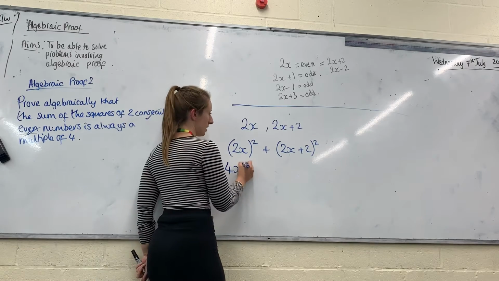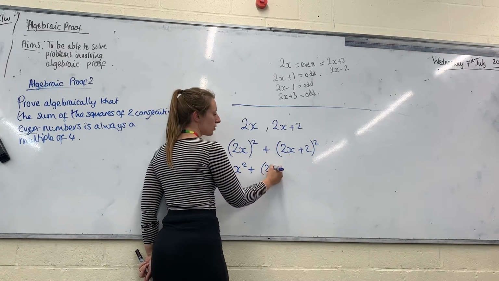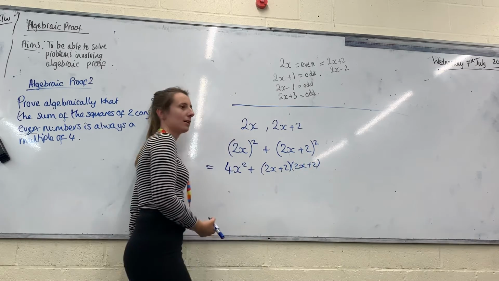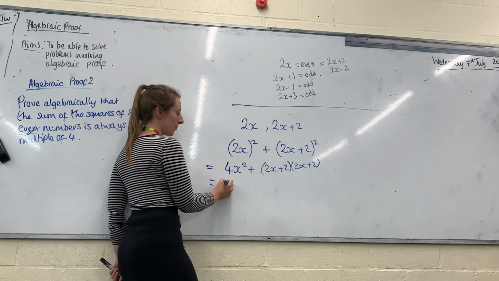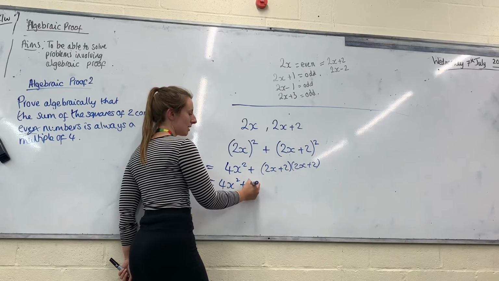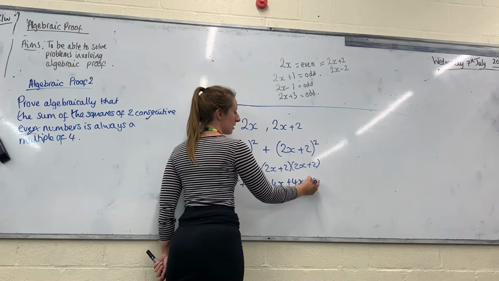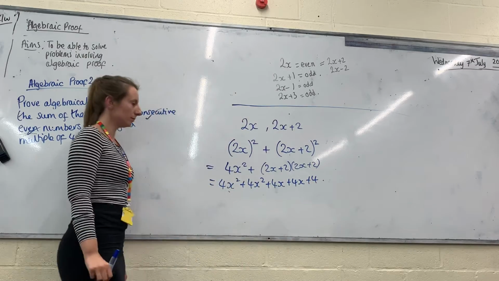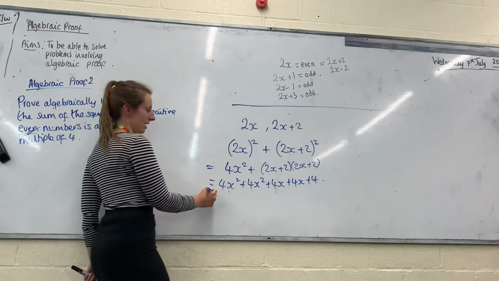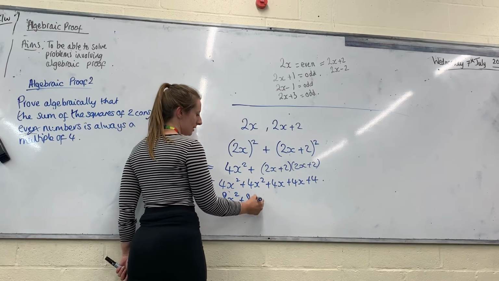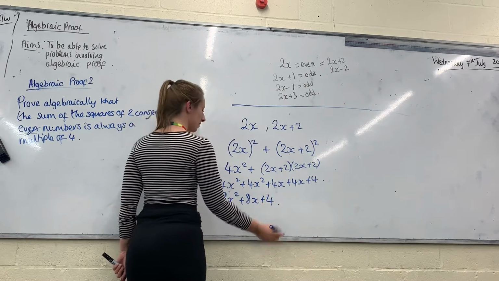And then 2x plus 2 all squared means that we double up our bracket and expand it. So 2x times 2x is 4x squared, plus 4x, plus 4x, plus 4. And then tidy: that simplifies to 8x squared plus 8x plus 4.